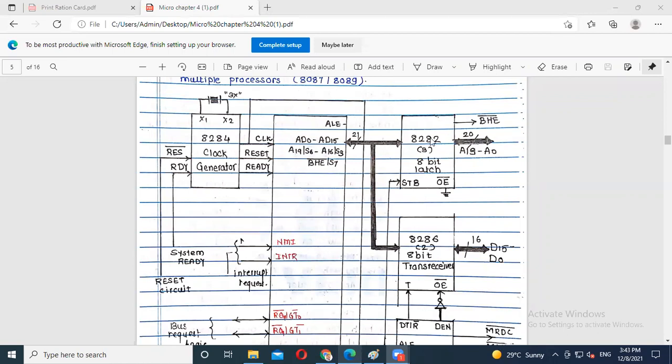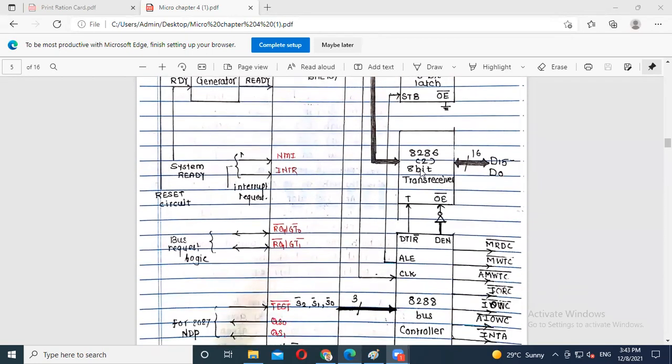Also, one more chip, the 8282, is used for 8-bit latch purposes. Here 20 bits of address lines are transferred, 16 plus 4. One more is the 8-bit transceiver, the 8286 chip, where the D0 to D15 16 data lines act as transmitter as well as receiver to the 8288.